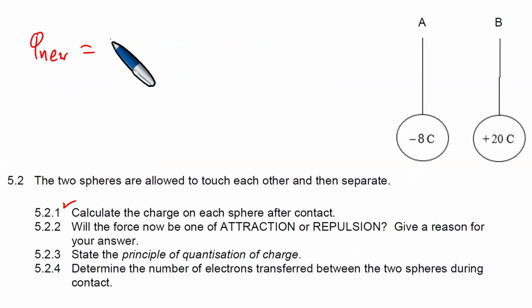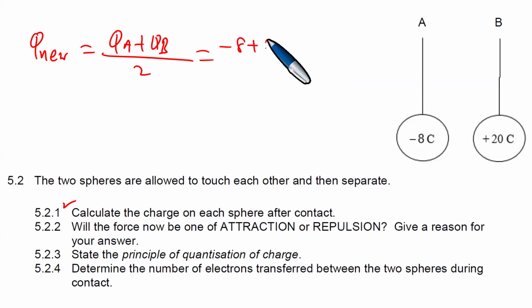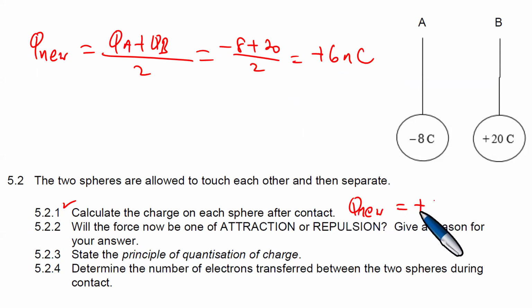If they're brought next to each other and then separated, there's QA plus QB, you divide by 2. QA is -8, QB is 20, you divide by 2. And this is actually 6 nanocoulombs. So we're going to have a new charge, Q new, which is +6 nanocoulombs.